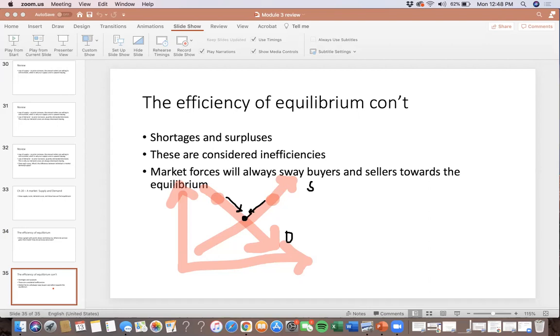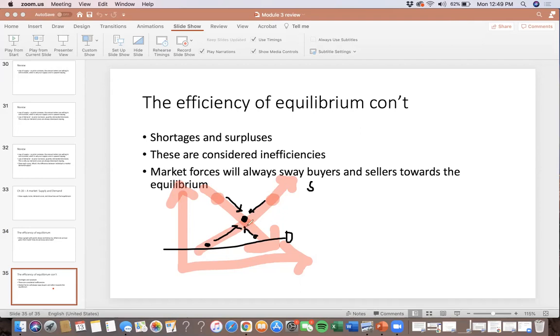Like I said, this is the most efficient point of trade on the graph right here on our supply and demand market. In this case, all these market forces are going to push our equilibrium back into place. If we had points down here where our price was really low, so if we had a point here and here, these market forces would push them back up this way.